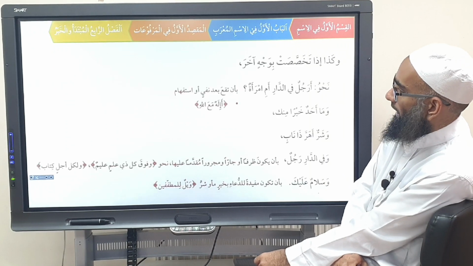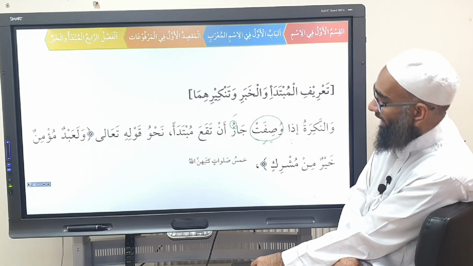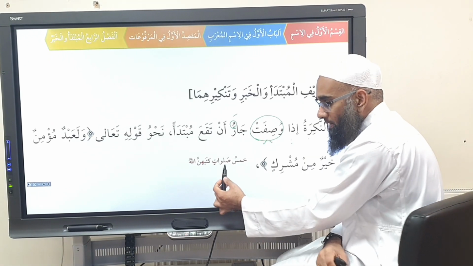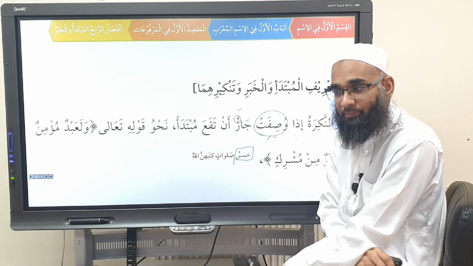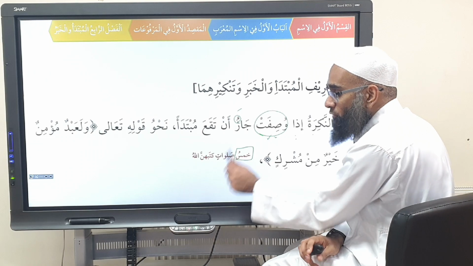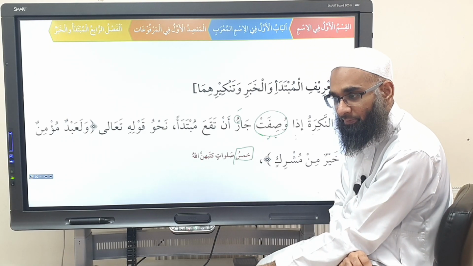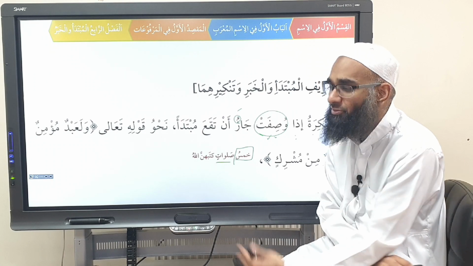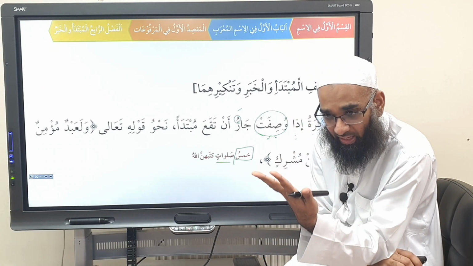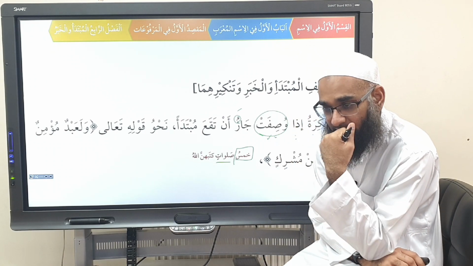Okay. Another way of making it ma'rifah is by doing what? Making it mudaf ilayh. But the mudaf ilayh is nakira. So for example, khamsu salawatin is mubtada. But it's ma'rifah, isn't it? It's not any salawat, it's what? Five salah Allah has ordained upon the believers.